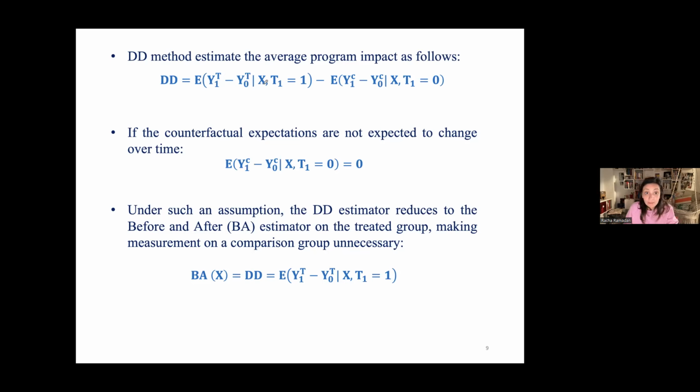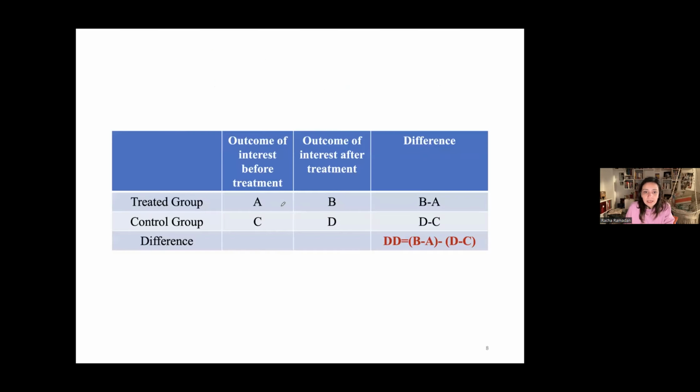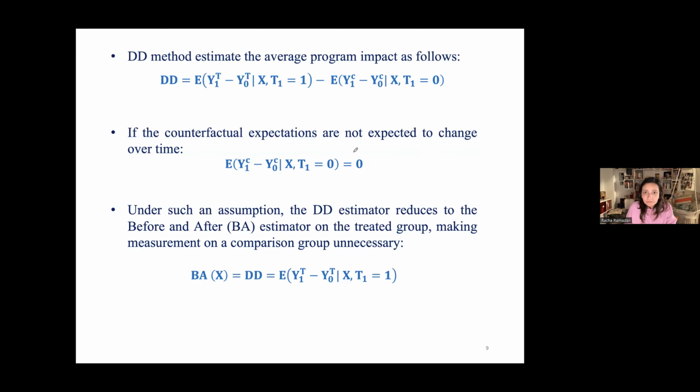Period 1 is the period after the implementation of the program, and period 0 is the period before the implementation of the program. So this expected value is the example B minus A: the outcome of the treated individual after the program minus their outcome before the program, okay?